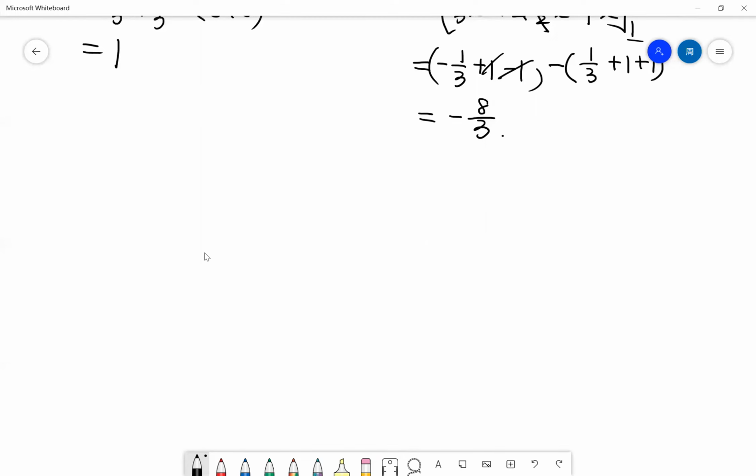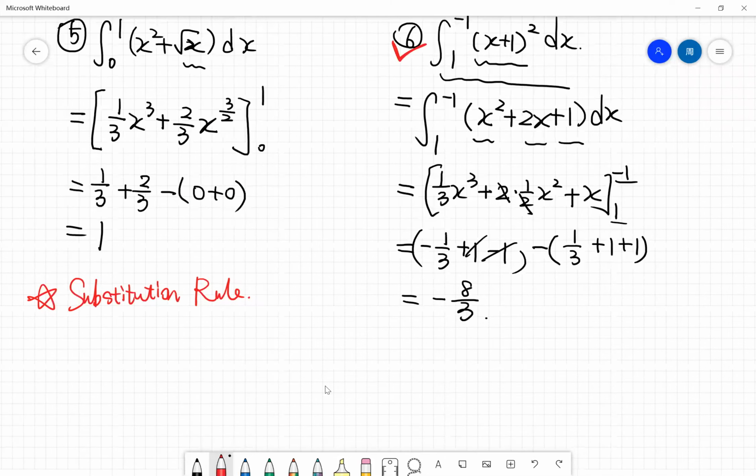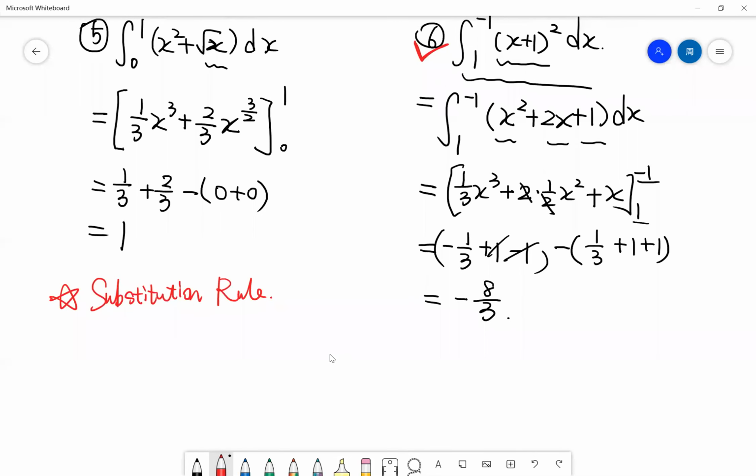That is the substitution rule. So what does the substitution rule mean here? We use this exercise as an example to show what it means.